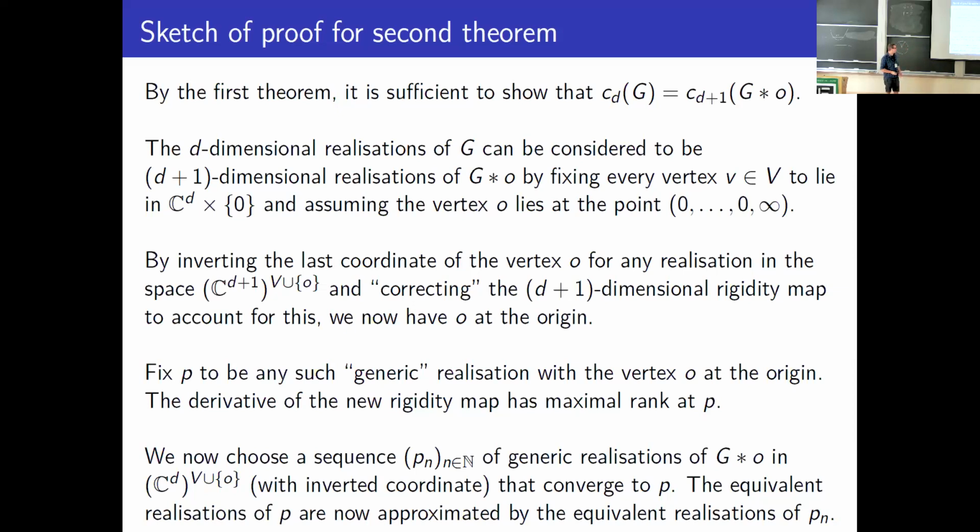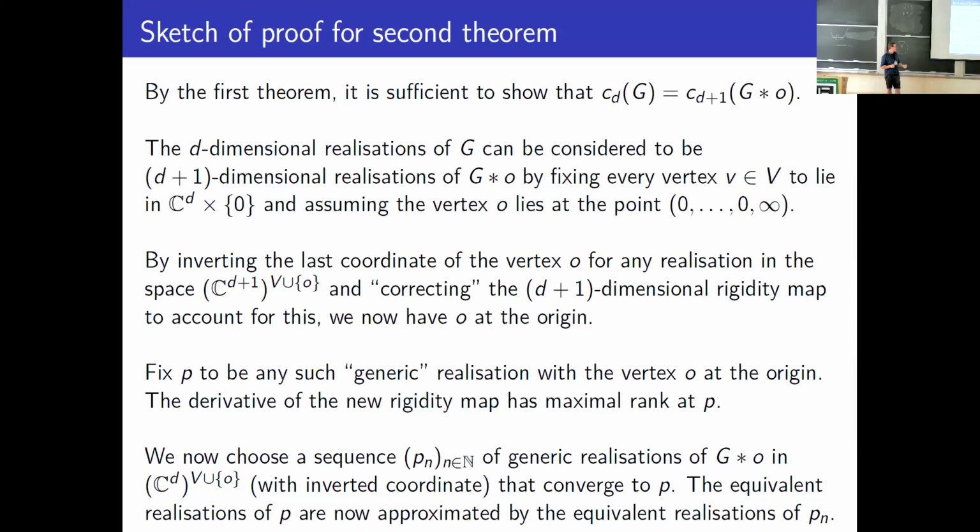Okay, but this still doesn't really make any sense. So you have to correct your rigidity map to allow this to occur in a nice way. And once you've done this correction, you've built a new rigidity map with this inverted coordinate. It plays well with normal generic realizations of the coning.